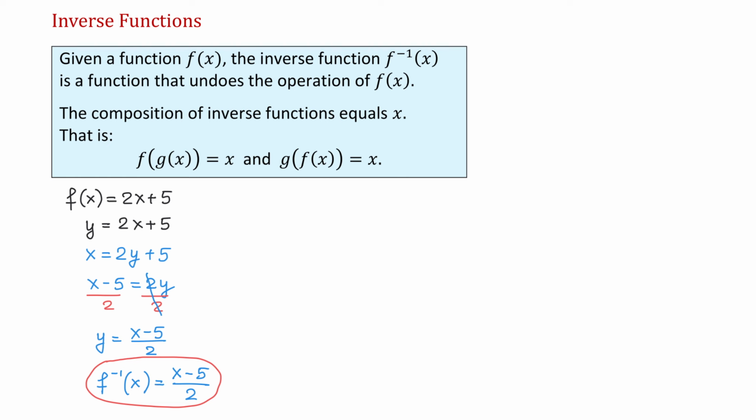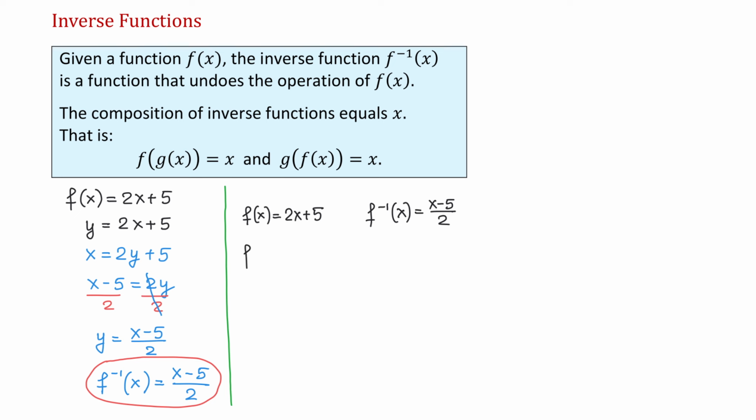Now, the definition also tells us that if we have two functions that are inverses of each other, and we take the composition of these two functions, we will get x. So the initial function is f of x equals 2x plus 5, and the inverse function is f inverse of x equals x minus 5 over 2.